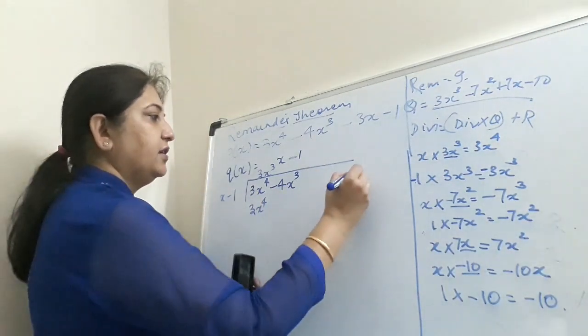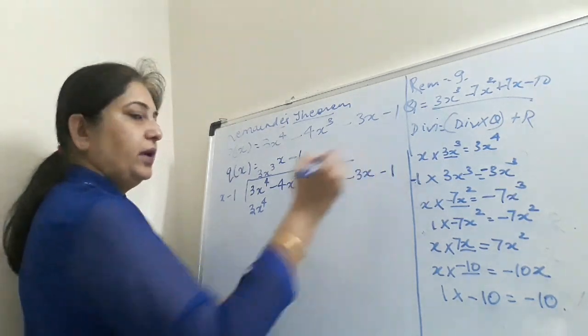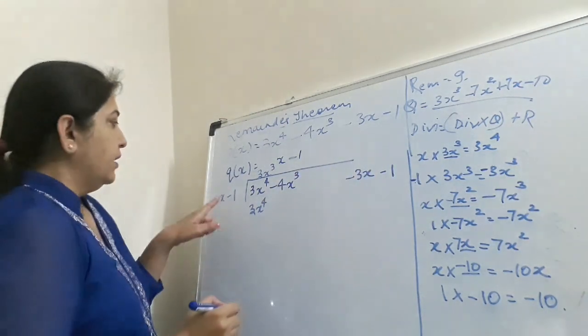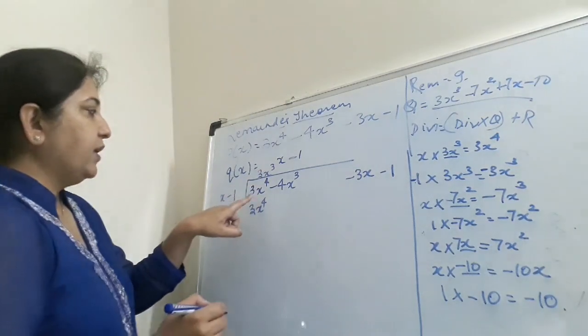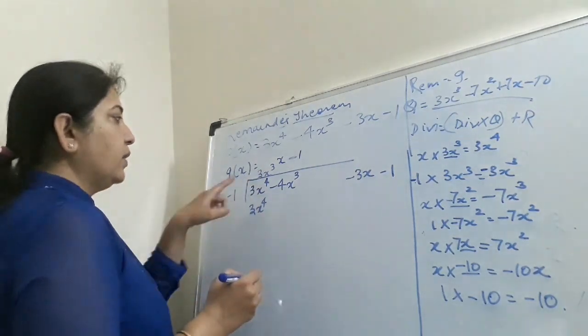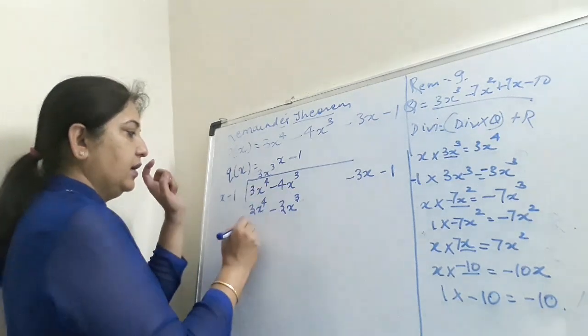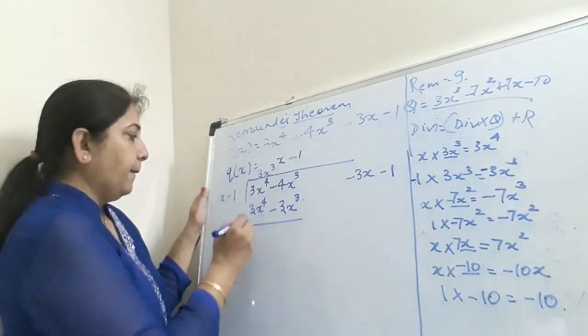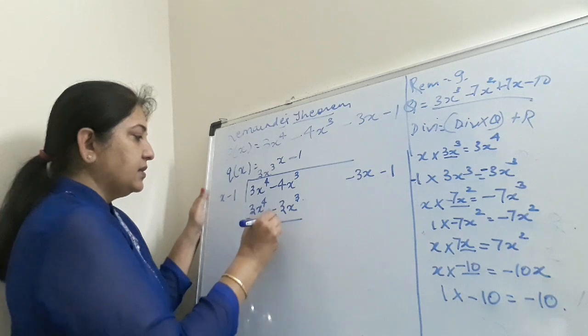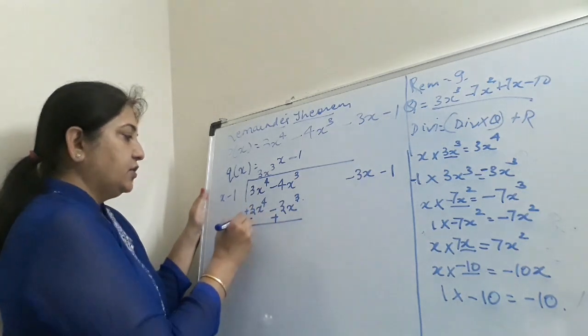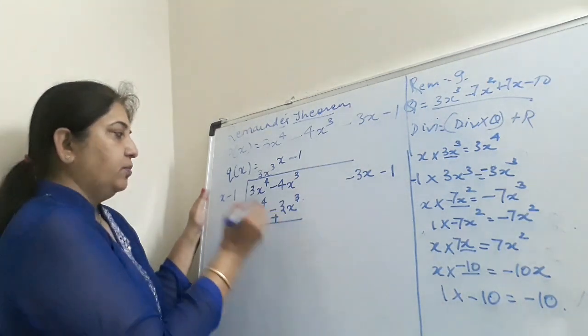So I will write here minus 3x minus 1. Then x into 3x cube will give me 3x to the power of 4, and minus 1 into 3x cube will give me minus 3x to the power of 3. I will draw a line again, minus and plus. This sign from plus changes to minus, and from minus it changes to plus.